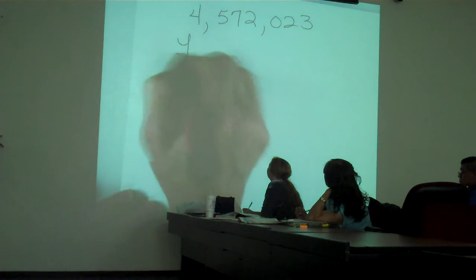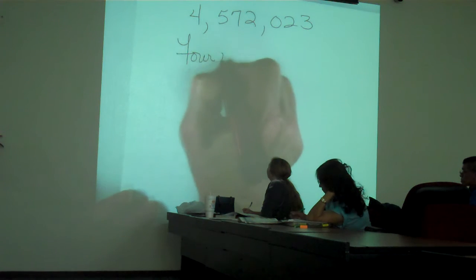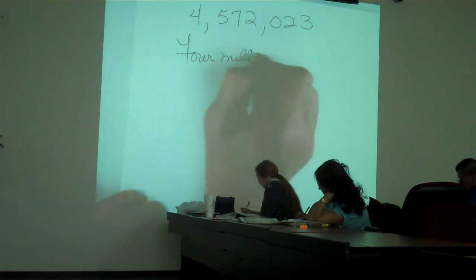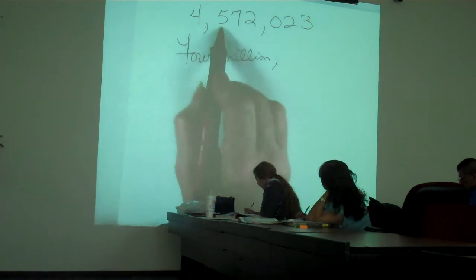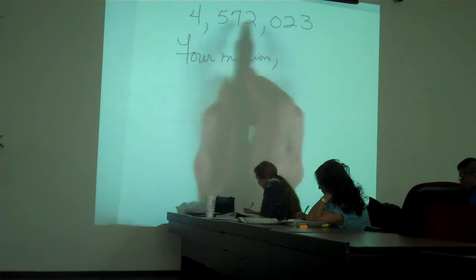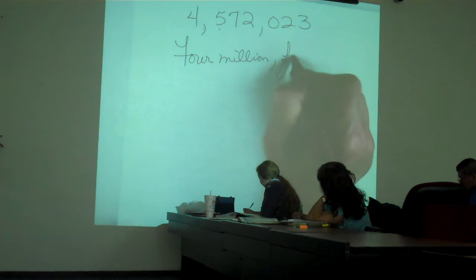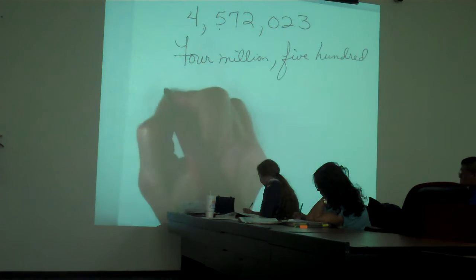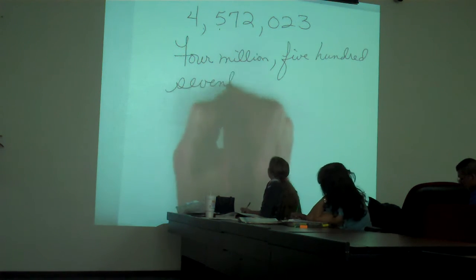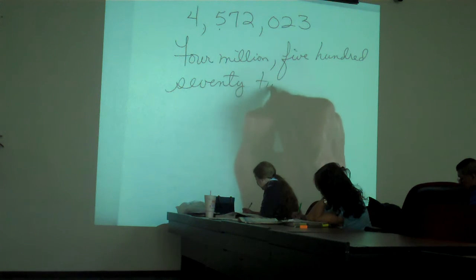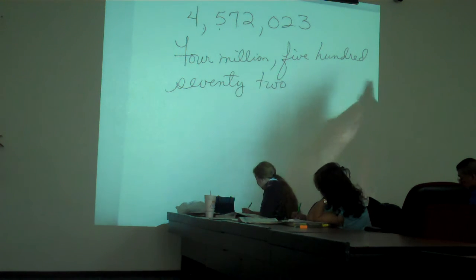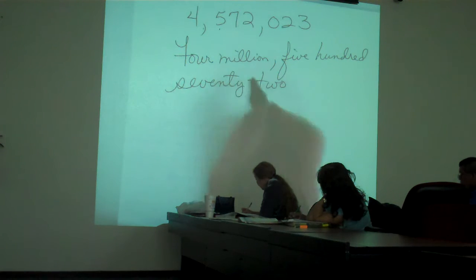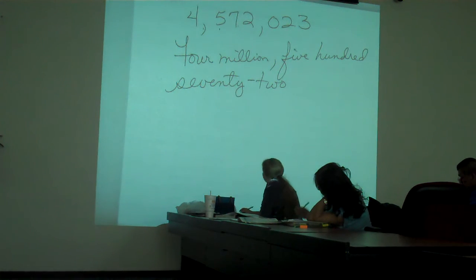The number 4, write it out as 4 million, comma, 572. So write 500, okay, 72. Most people wouldn't realize it, but you should have a hyphen there: 70-2.